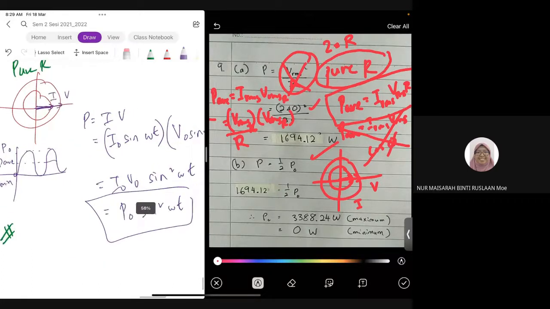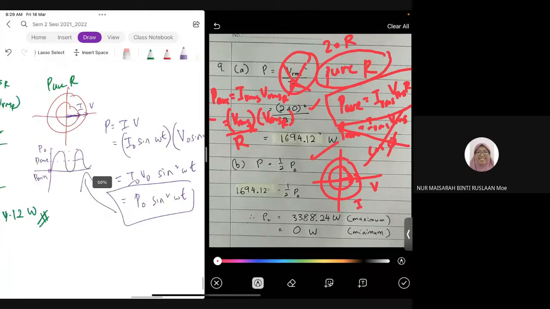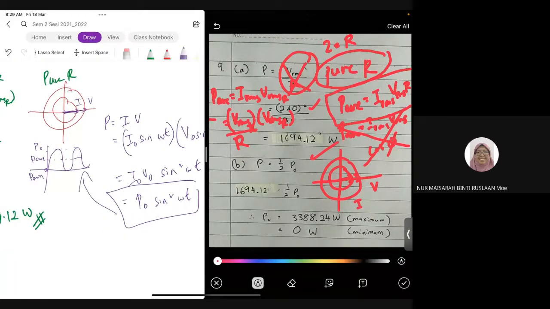So based on this one, so my graph is all in positive. So that's why bila soalan tu tanya P minimum, P minimum, jawapan dia 0. Kenapa 0? Because dia dekat bawah ni, minimum adalah 0. So bila dia tanya what is the P maximum, P ni P average.